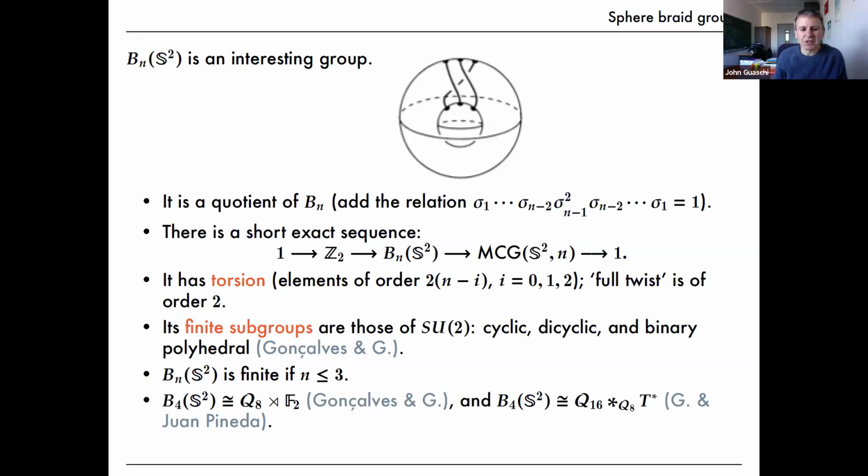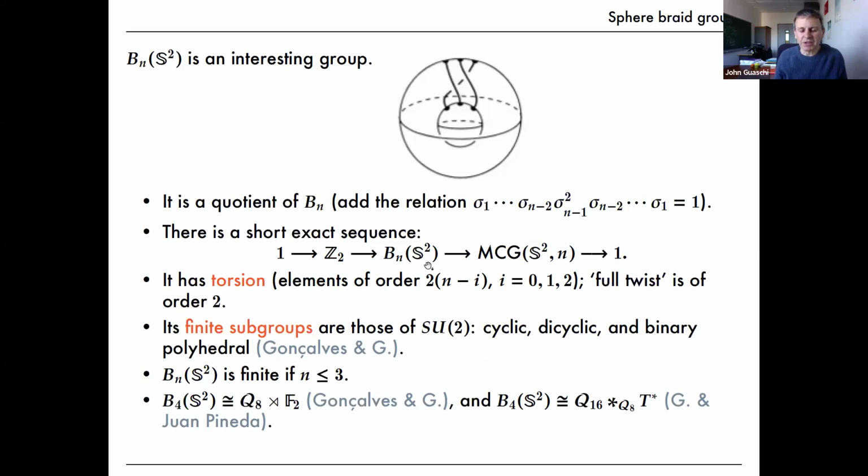Another interesting point is that in the case of the Artin braid groups, depending on how you define the mapping class group, the mapping class group of the disk minus n points relative to the boundary is isomorphic to B_n. In the case of the sphere, they're not isomorphic, but there's very little difference between them. This short exact sequence appeared in papers of Joan Birman and Peter Scott at the end of the 60s.